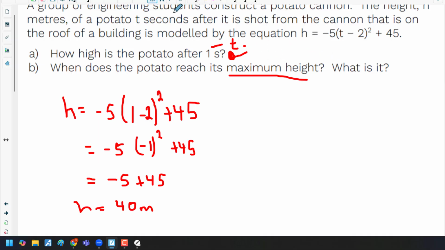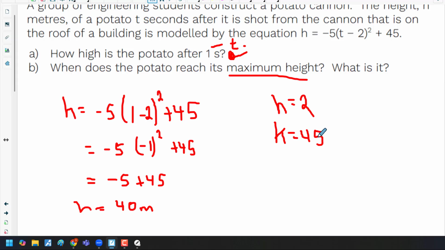This is very easy. Maximum height, or minimum height, is always the vertex point. So we know what the vertex is. My h value is +2, not -2, and my k value is 45.